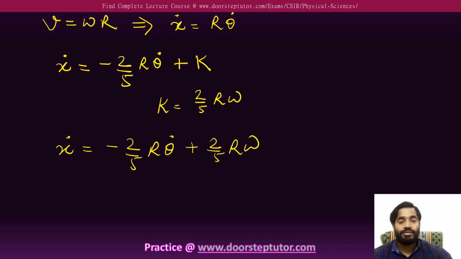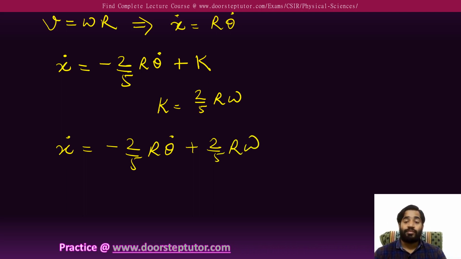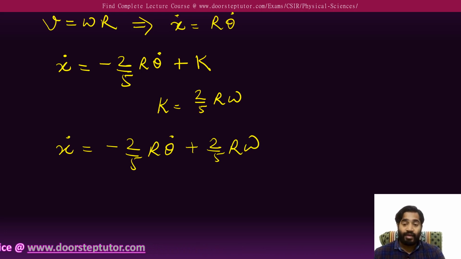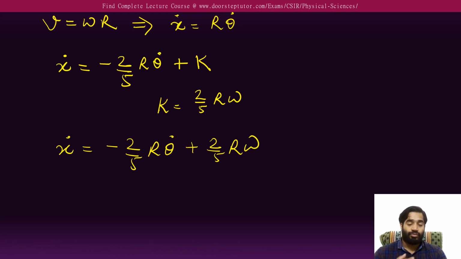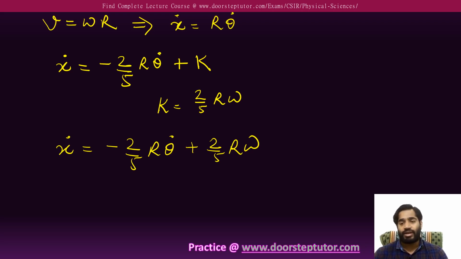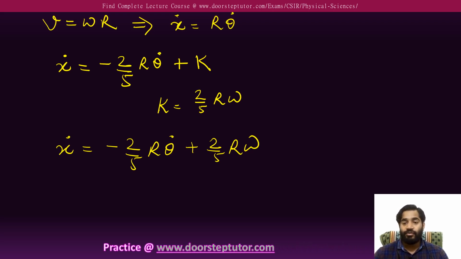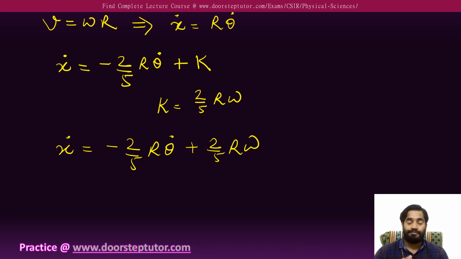Why am I saying this k is 2 by 5 r omega? Because since the angular velocity omega is there, the sphere is moving with a velocity due to that initial velocity. If a particle has a certain initial translational velocity, then we know v equals u plus at.